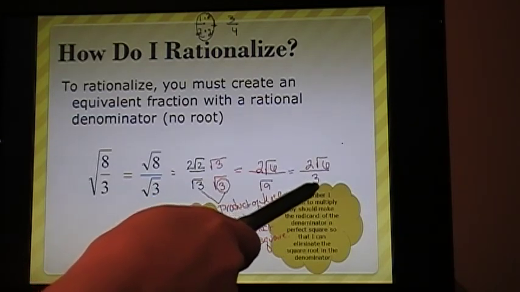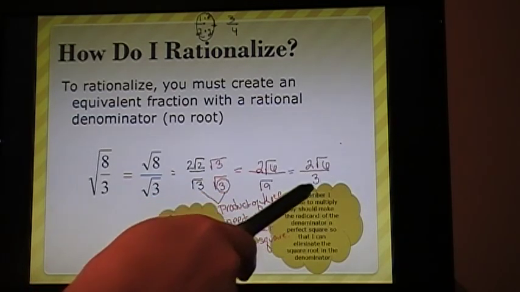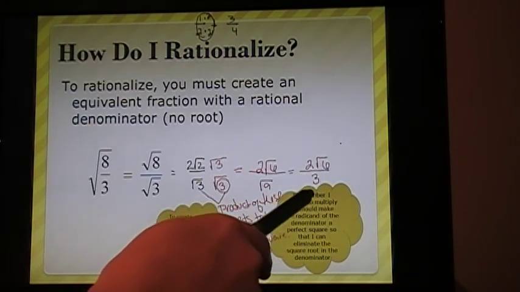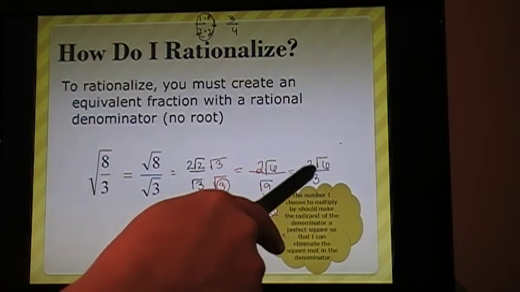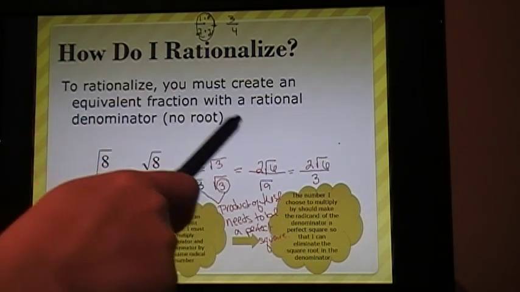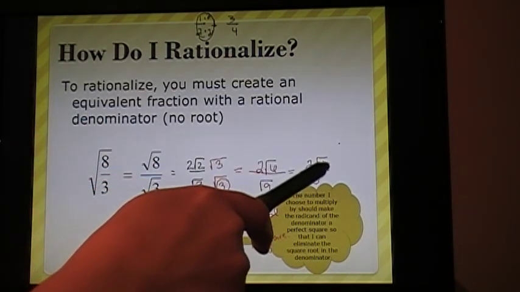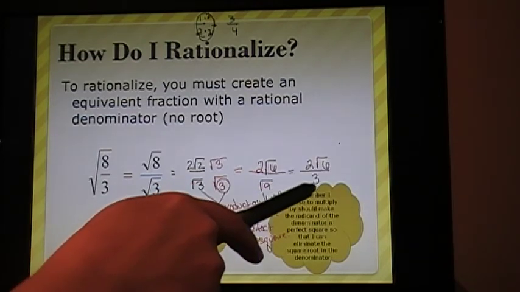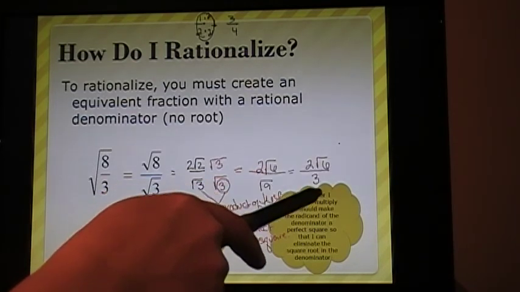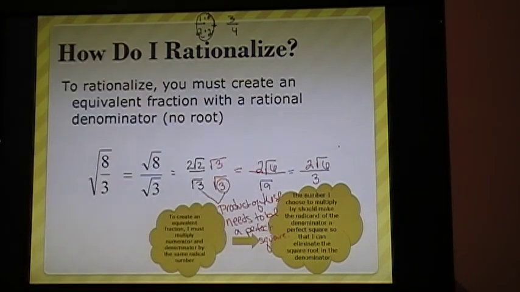Some people try to reduce the 6 with the 3 here, but it's not that 3 is a factor of the numerator, but rather root 3. So you cannot cancel a radicand with a non-radical number. It would only be with the coefficients, or radicand with radicand.